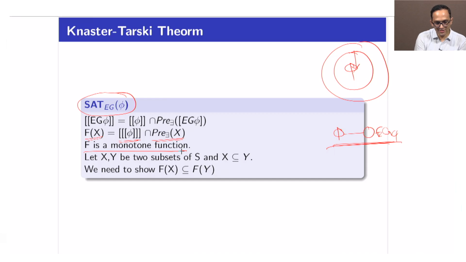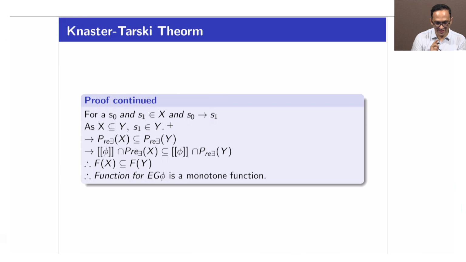So, let us say I have taken two subsets. What I have to show is that if I take two subsets x and y where x is a subset of y, then f(x) is a subset of f(y). This is very simple to do.